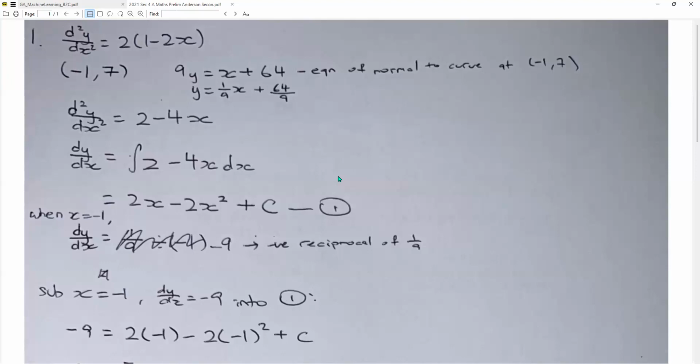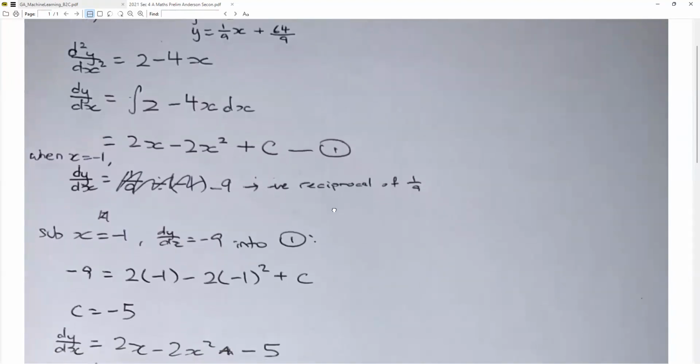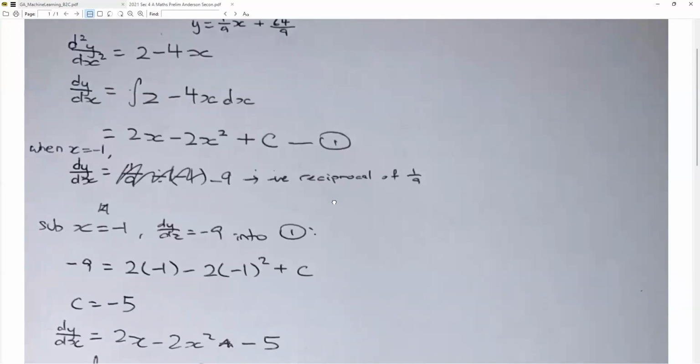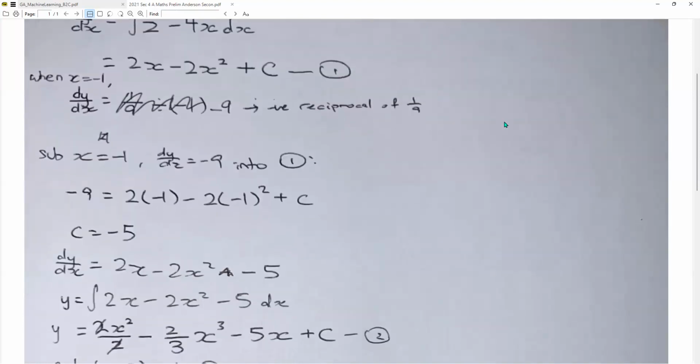So that means gradient of the tangent is -9. Good. Reciprocal of positive 1/9. Yes. So sub in dy by dx with -9. Correct idea. Then you end up with -9 equals 2 times x become -1, -2 multiplied by x squared becomes -1 bracket square plus c. That's very good so far.